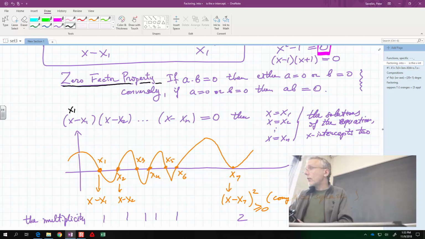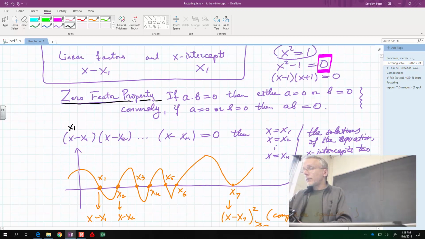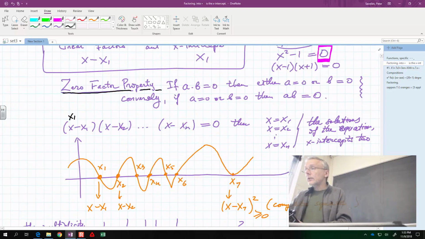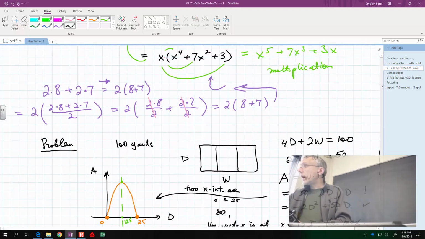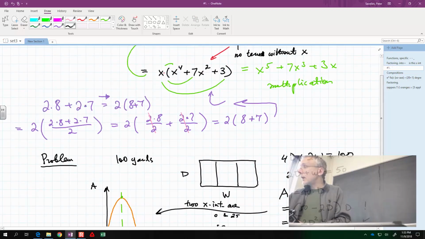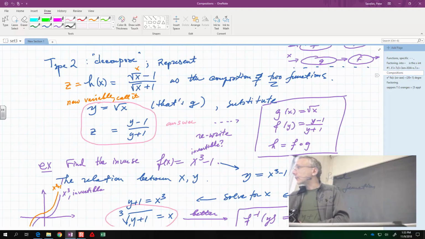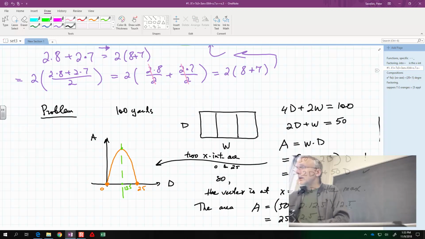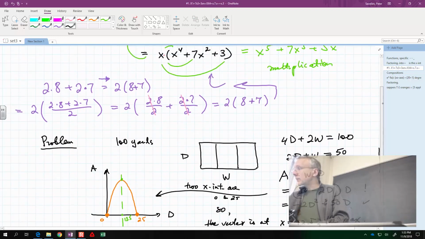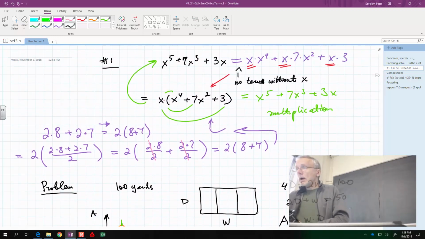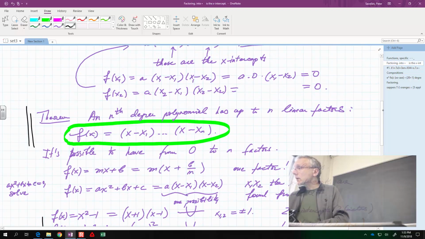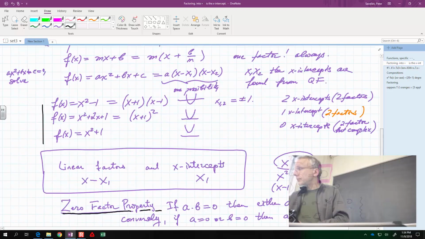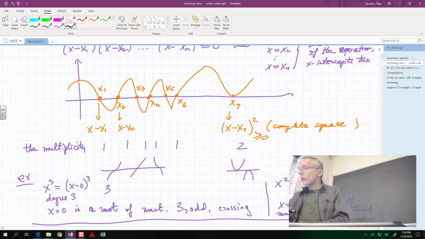So that allows us the analysis of polynomial functions in a way that reveals a lot about its behavior, about its graph, from nothing but factoring. There was a plot here at some point not a long time ago that I have factored and then had a picture.